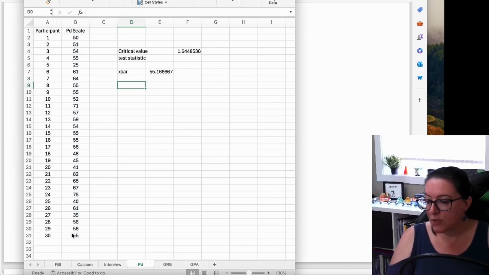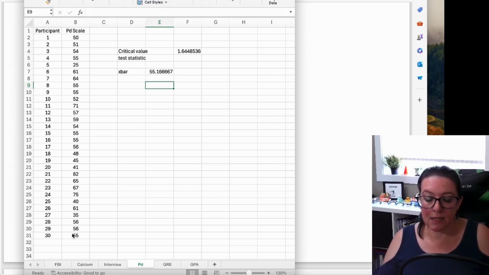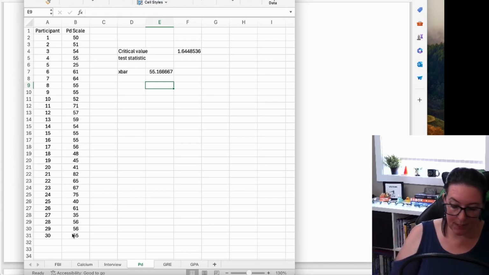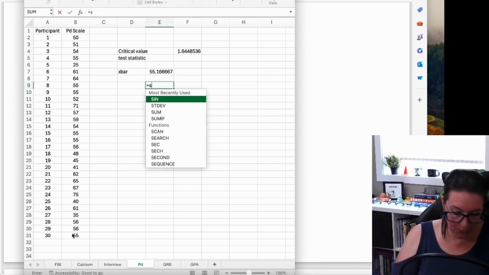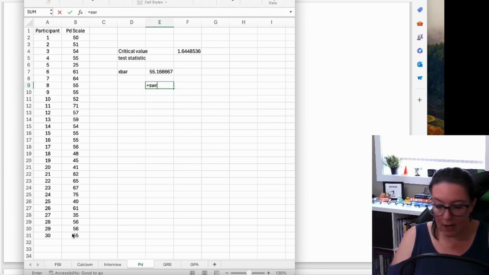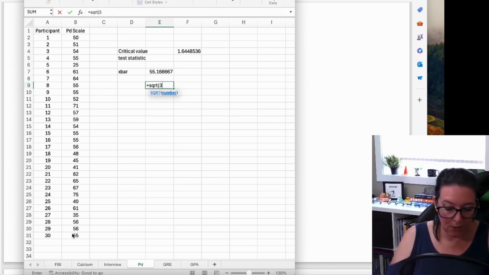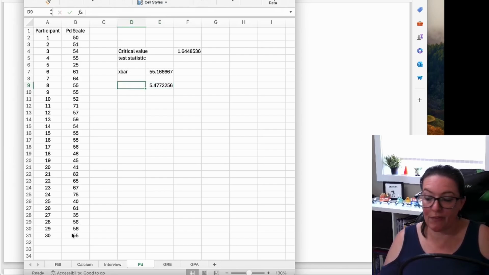Now, to find our test statistic, we take x bar minus mu divided by sigma over the square root of n. So the easiest way to do this is in chunks, so equals the square root. Now, we need to know how many different data points we have here, which we can see from participant numbers. We want the square root of 30. That gives us the square root of n.